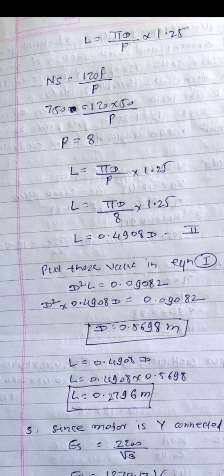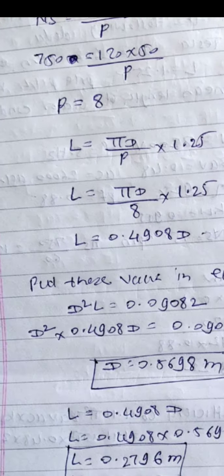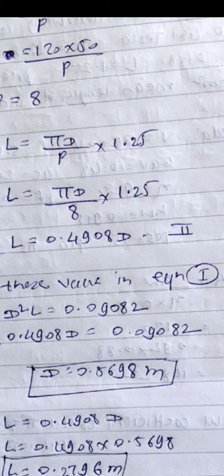Putting that P value in the equation, L is equal to pi d divided by 8 into 1.25. Calculate that, so L is equal to 0.4908 D. Call this equation number 2.